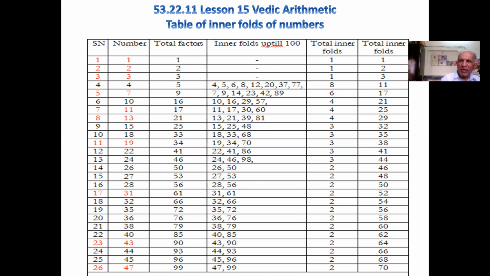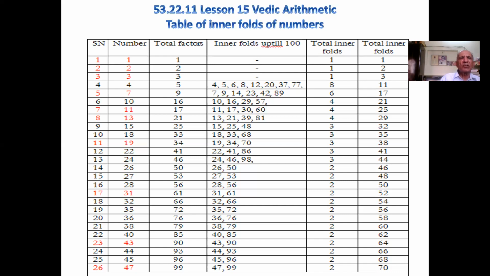So the reach from number value 4 to number value 5 is the inner fold reach within number 4, which takes us to number 5. And number 5 as well has one factor. So total factors up till number 5 are 6. Therefore, the second inner fold of number 4 is 6.